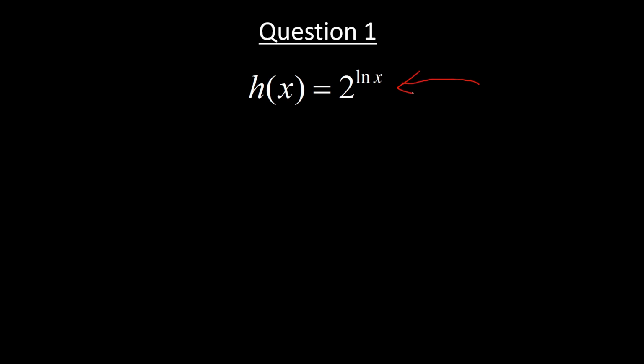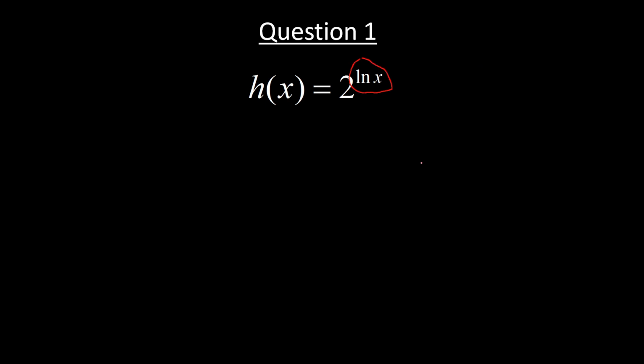So notice that this is not the exponential pattern, because the exponential pattern is just due to the x. There's nothing we can do with that. We don't have this derivative. However, we do know the derivative of 2 to the u. So that means we're going to take the inner function.